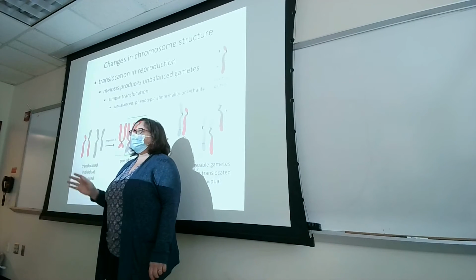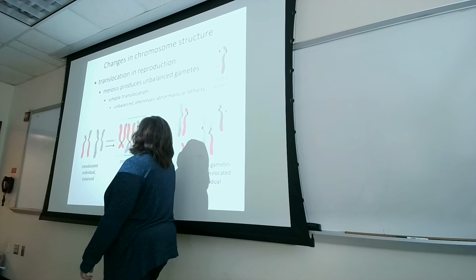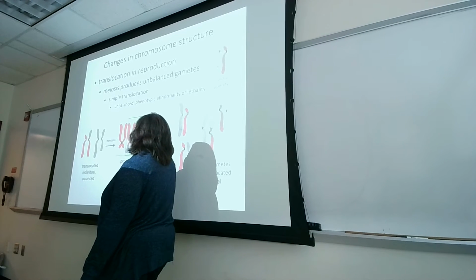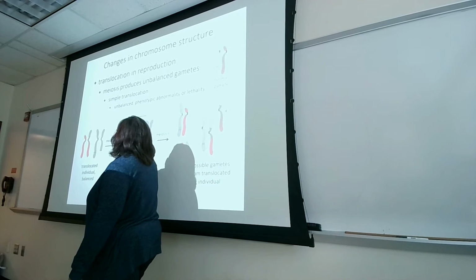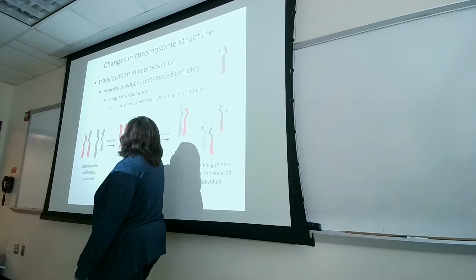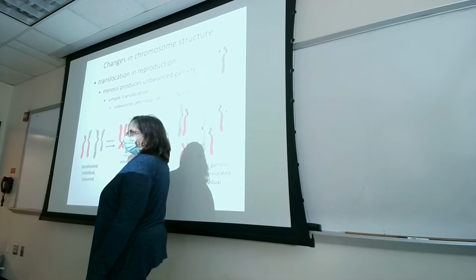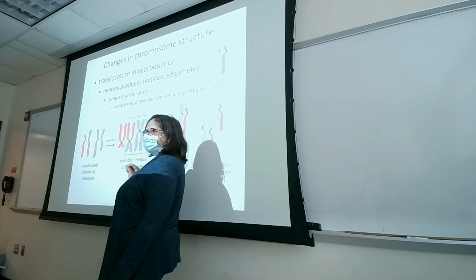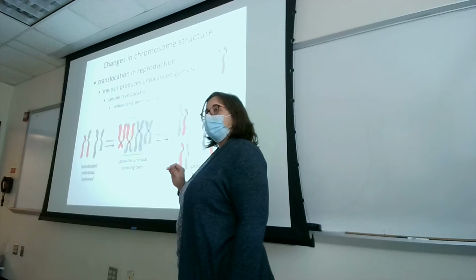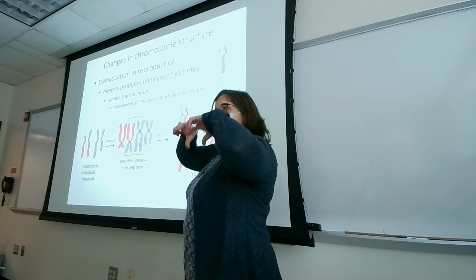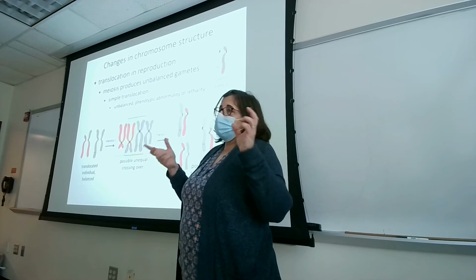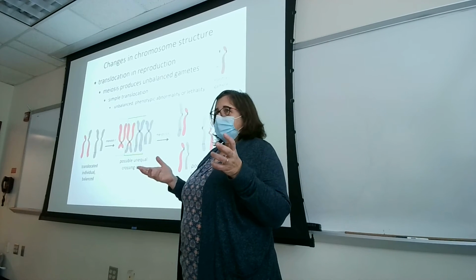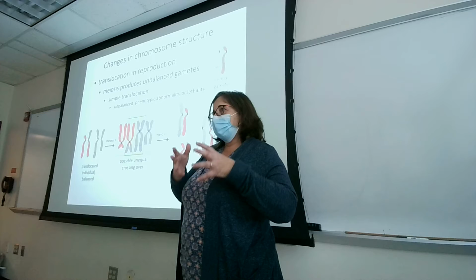And so crossing over can happen between these two in the middle, between these two in the middle, or between these two. So there are multiple ways that crossovers can occur, and depending on how they're pulled back apart after crossing over, gives us different ways of having the information.